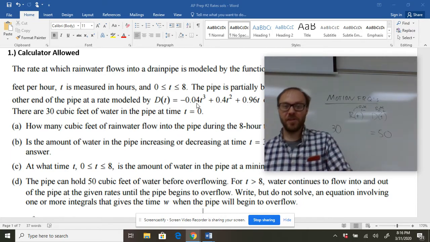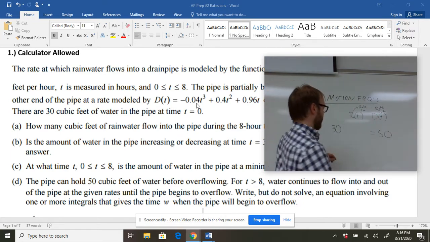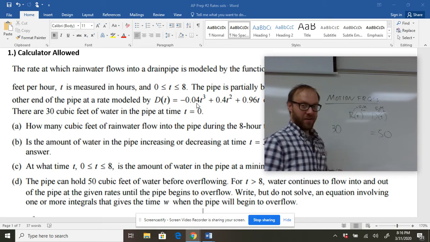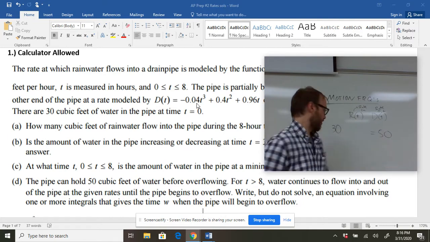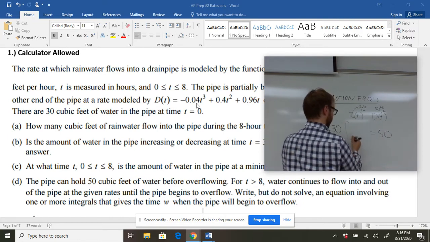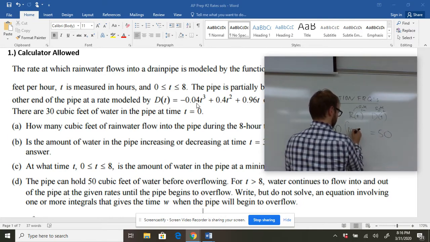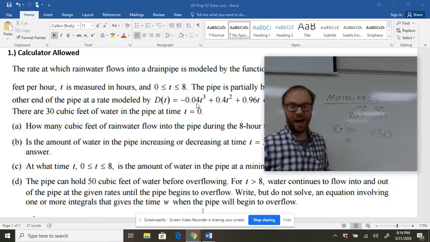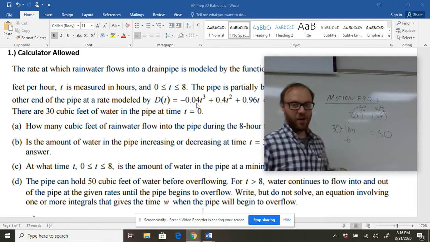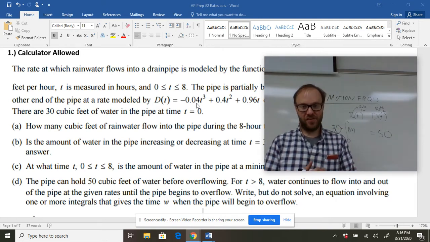Second of all, how much water comes in, okay? Well, we can integrate the rate at which water comes in, okay? Big idea of this whole section is if you take the integral of a rate, it tells you how much change occurs because of that rate. So we can take the integral of that rate, okay, from the starting time, which is 0, to the ending time, and we don't know what that time is, okay?